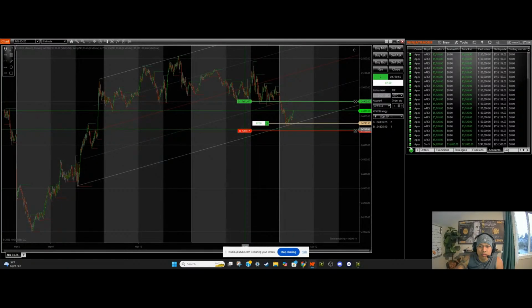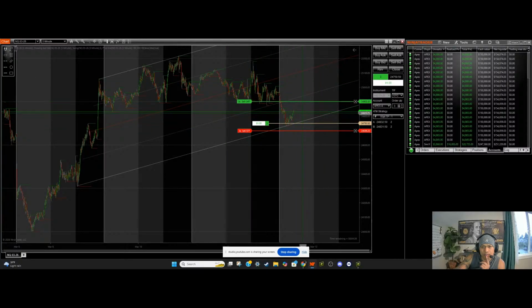As long as we don't go below that, because let's see, I think the 150k accounts have a $2,000 daily max loss limit, and then overall drawdown loss is 4,000. So if we get stopped out today, then tomorrow we'll get to try again and find another setup that kind of looks like this.